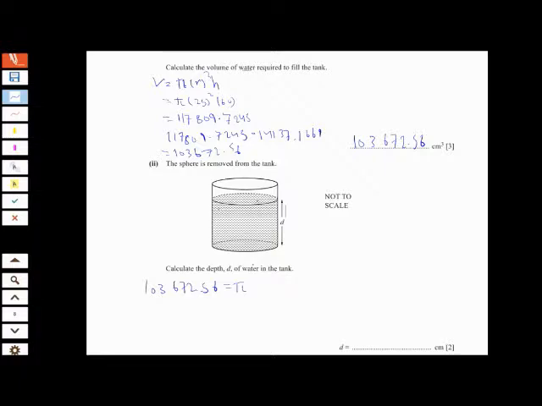We know that the radius here is 25. Pi r square times the depth, which is d. Now we have an equation here. Divide both sides by pi 25 square to get rid of the multiplication, and you will get your answer.